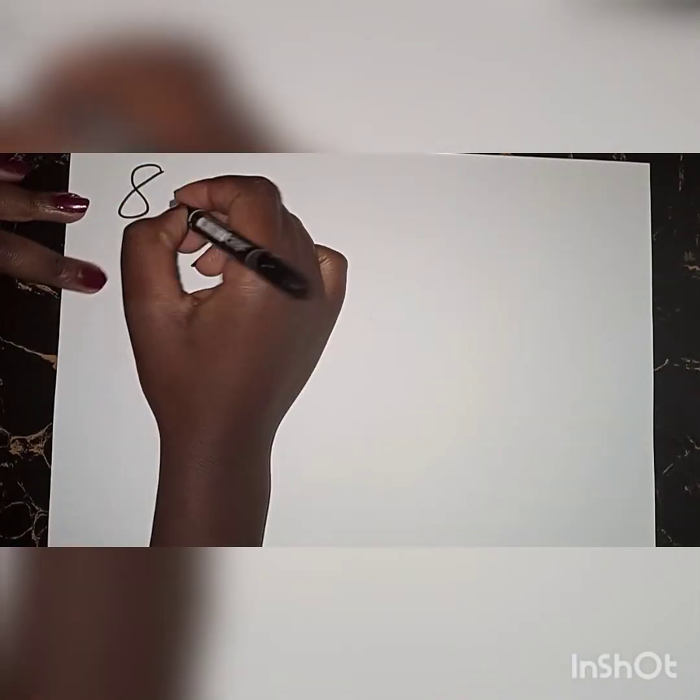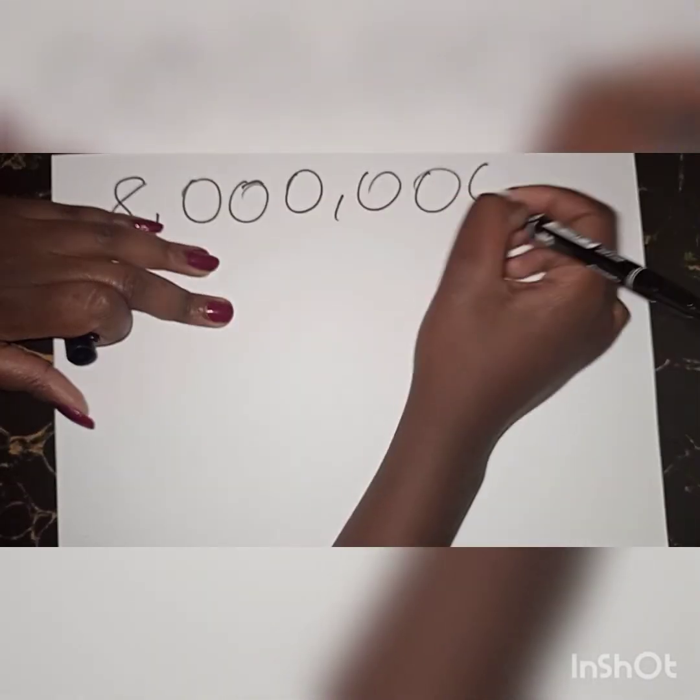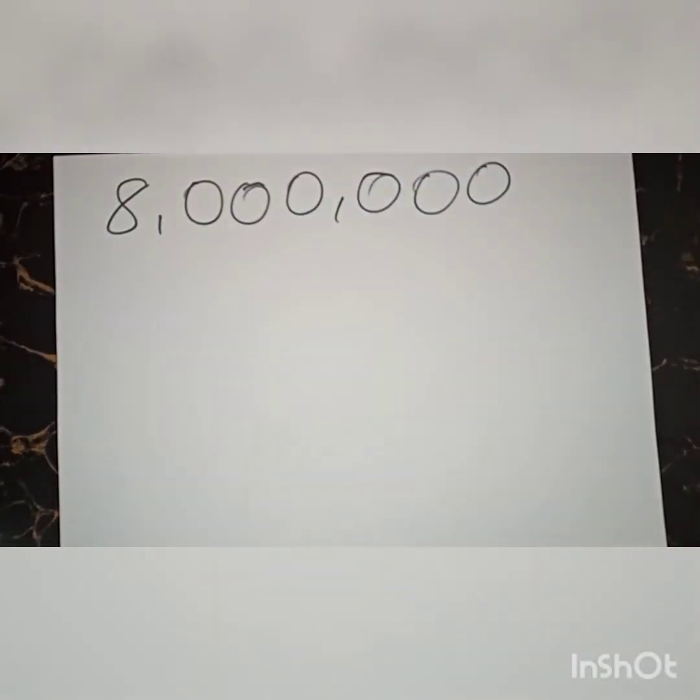So we'll have 8, then 6 zeros. Okay? And when you're adding, don't forget to line up the digits in order of their place values, okay? If you don't know what I'm talking about, I'll leave the link on the place value of whole numbers in the description box below. So let's add the numbers.